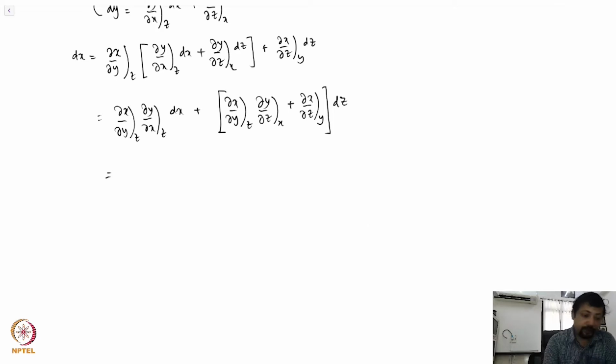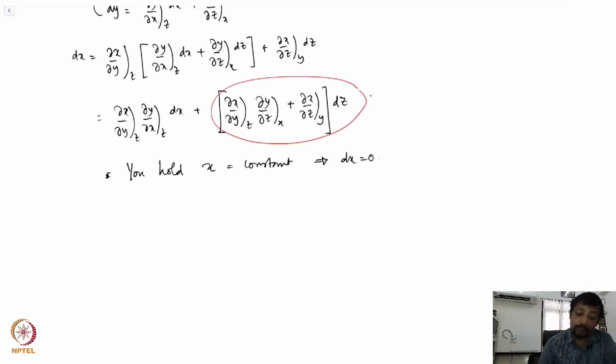Now imagine you hold x equal to constant. This implies that dx is equal to 0, in which case the coefficient of dz must vanish, because this equation then just becomes this equal to 0, and if it is valid for all values of z, then the coefficient must vanish.